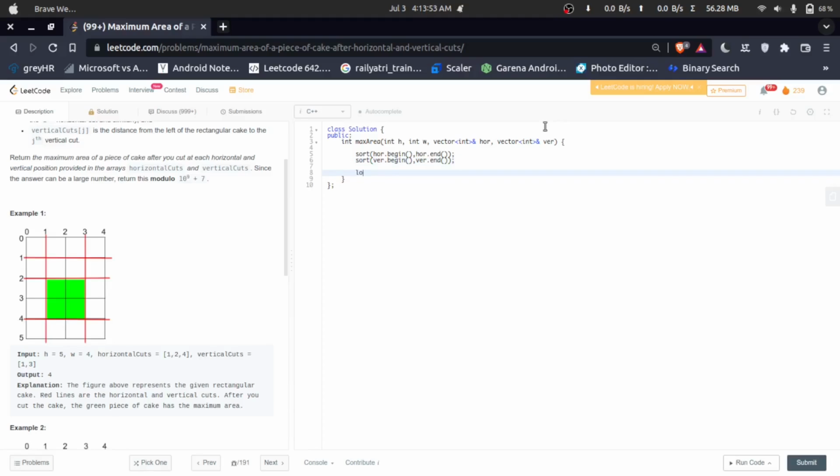I am taking long because there is a large number, so that's why. So horizontal size as long, and m is vertical dot size.